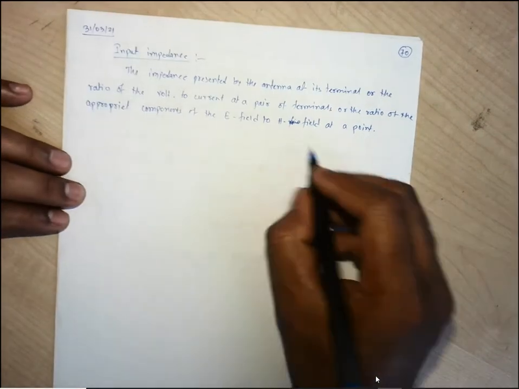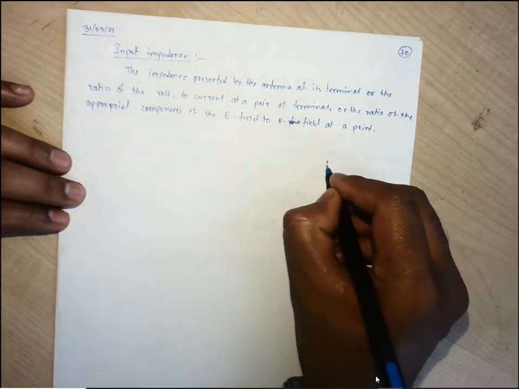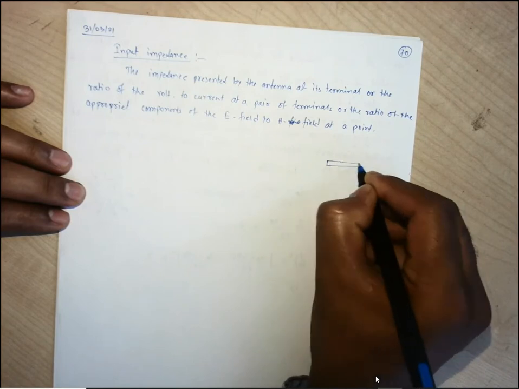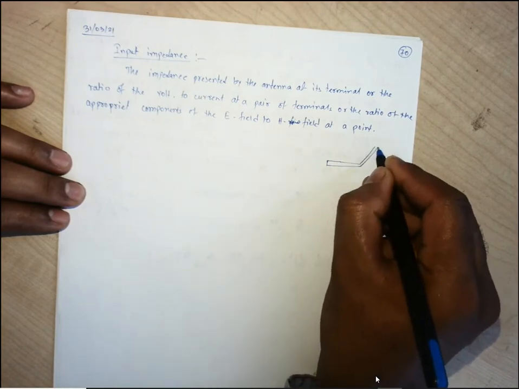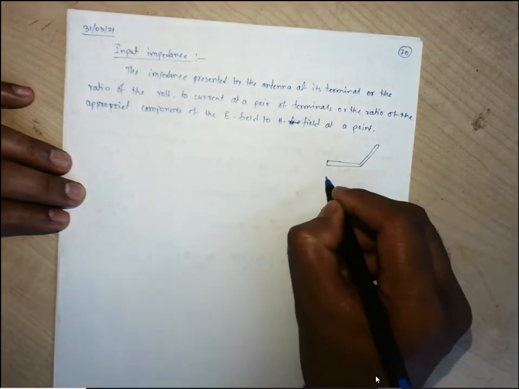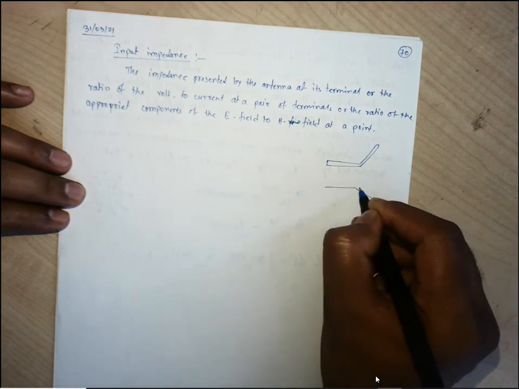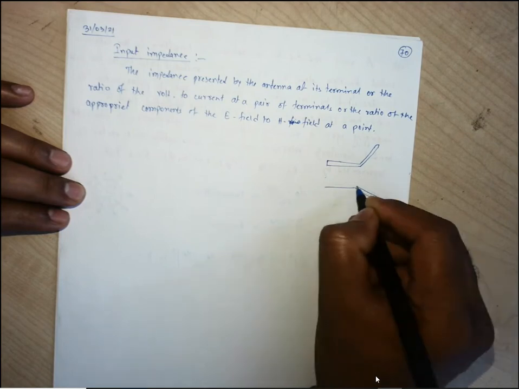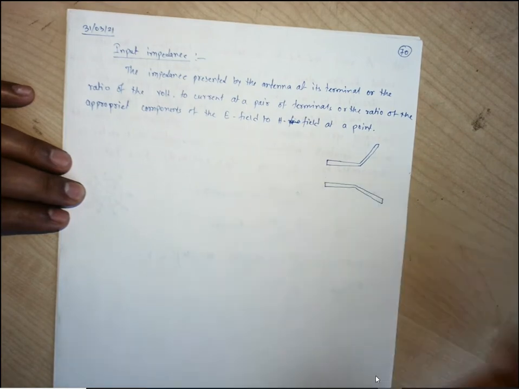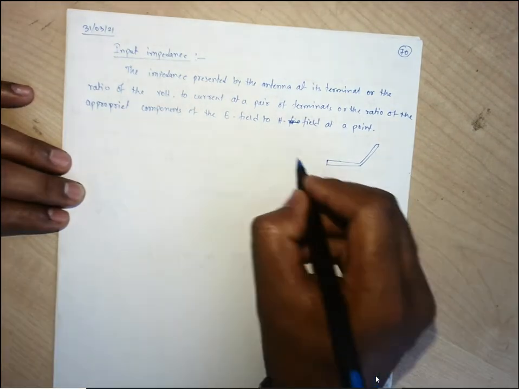Now let us consider we are having a dipole antenna, somewhat like this, which is connected with a generator.